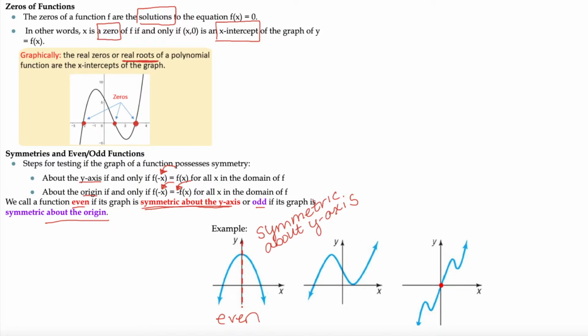This next one kind of has a couple hills and valleys. This is not symmetric at all. And if it's not symmetric, it is neither even nor odd. And this last one is symmetric about the origin.